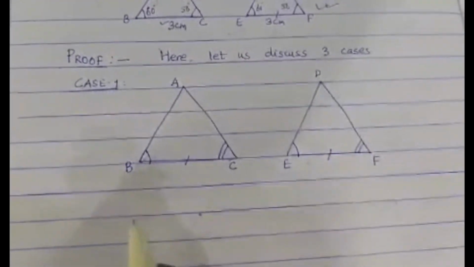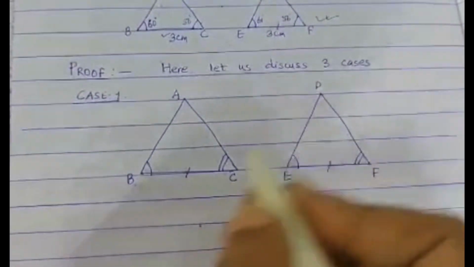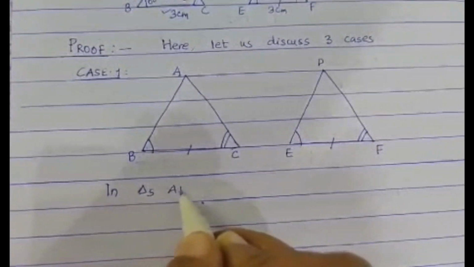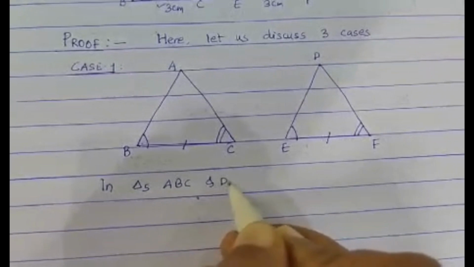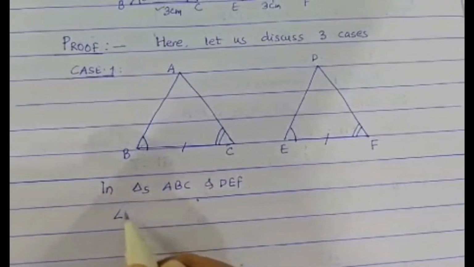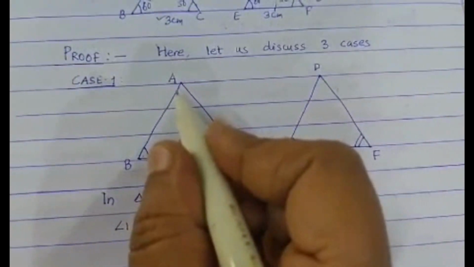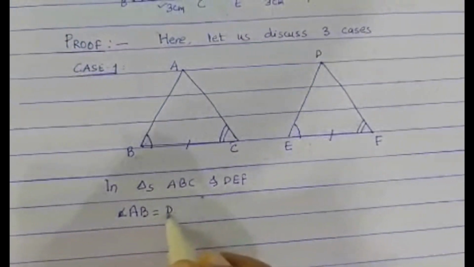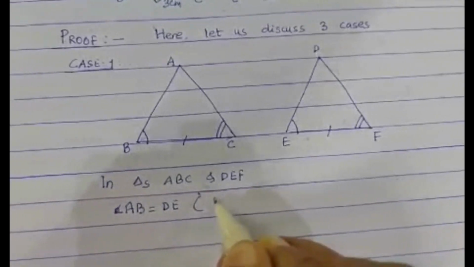So if you consider these two triangles, in triangles ABC and DEF, first of all, let us write AB equal to DE. This we have assumed.